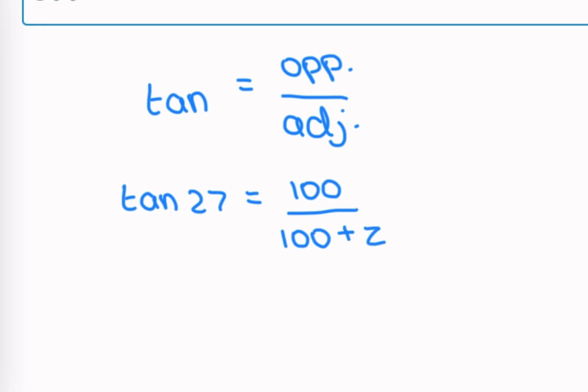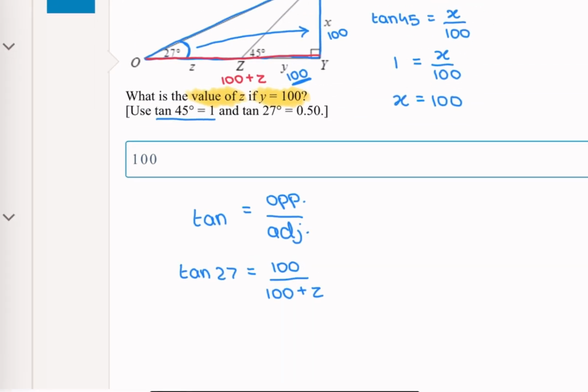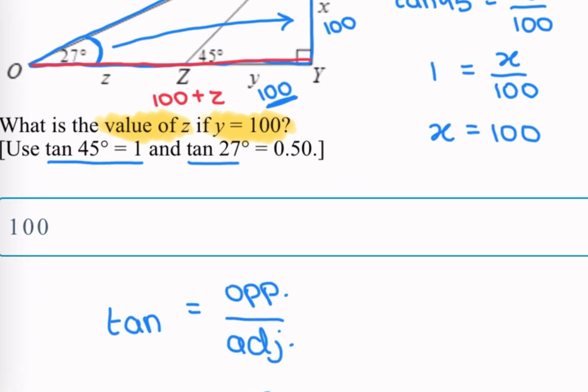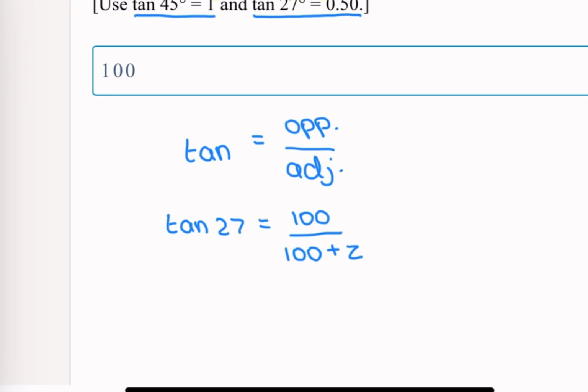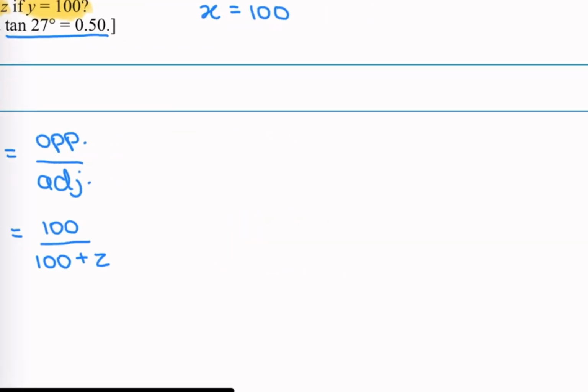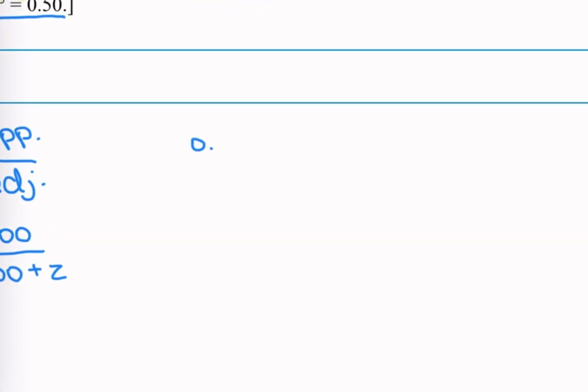Now we're going to cross multiply, but first we're going to replace tan 27 with 0.50. So 0.50 over 1 is equal to 100 over 100 plus z.